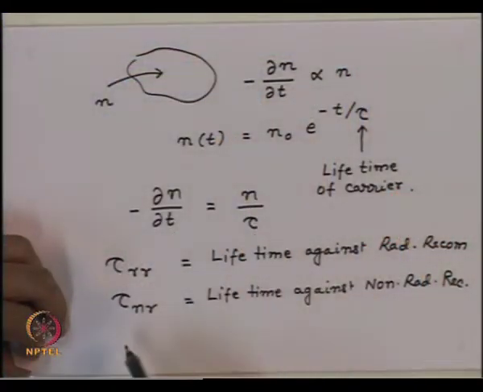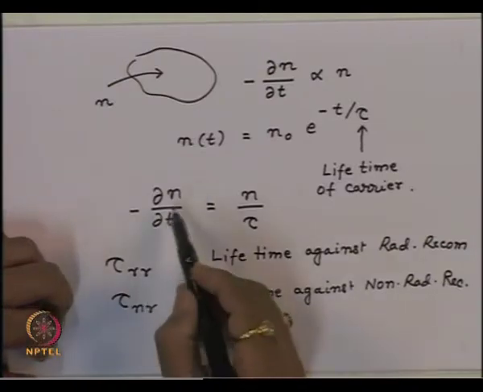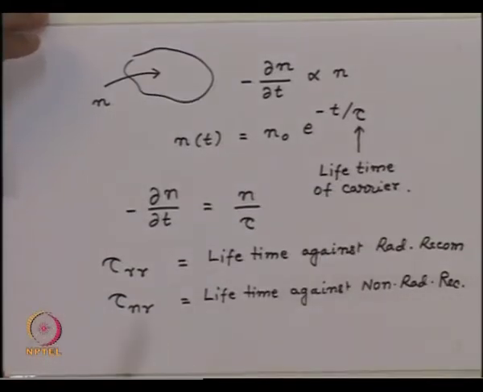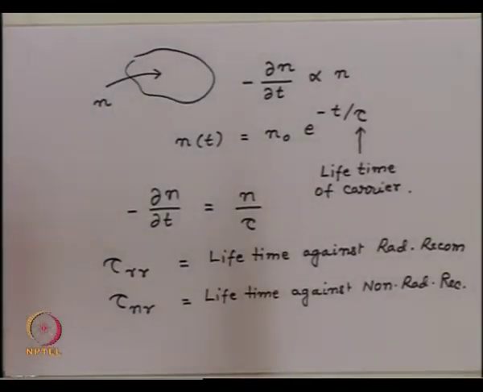So, if I say that the total recombination which is going to take place is characterized by the total lifetime, then we can say that n upon tau will be equal to n upon tau RR plus n upon tau NR. So, the total rate of recombination is equal to the sum of the recombination due to the radiative process and the recombination due to the non-radiative process.